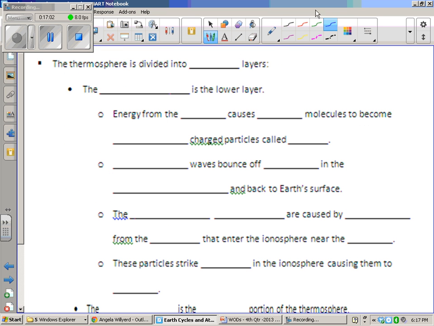Now the thermosphere is divided into two layers. So the bottom layer is called the ionosphere. Okay, and energy from the sun causes gas molecules to become electrically charged.